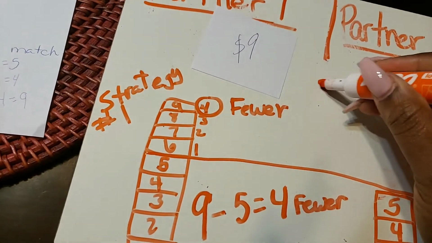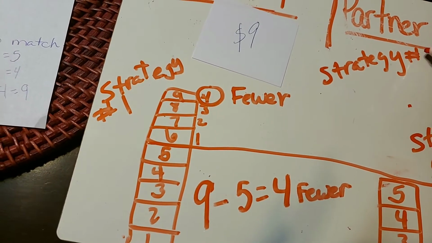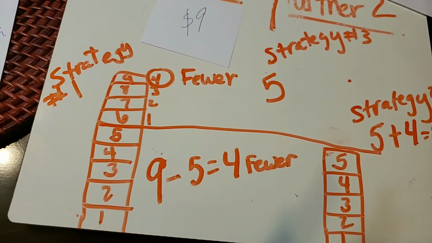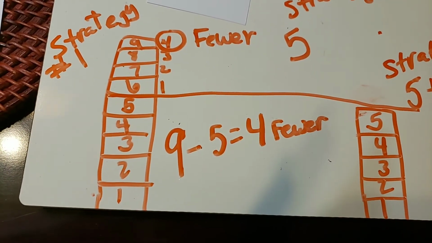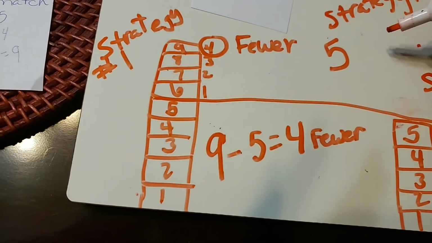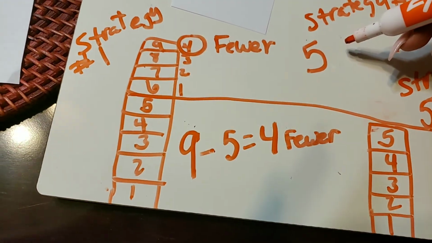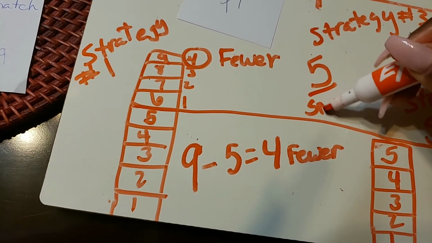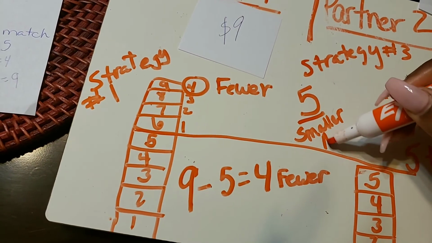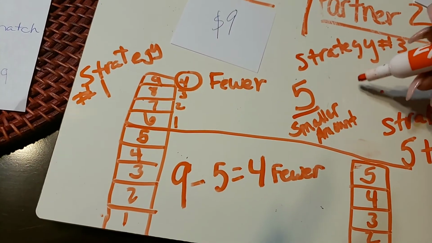Strategy number 3. I'm going to start with a smaller amount. I have 5. And I can count up to the amount that partner 1 has in order to catch up to what partner 1 has. So this is the smaller amount, so I'm going to count up to it.